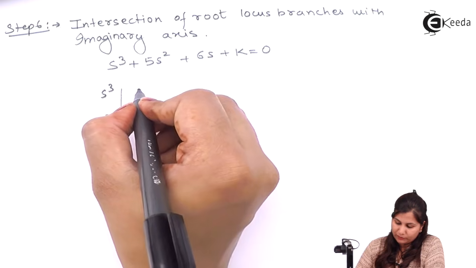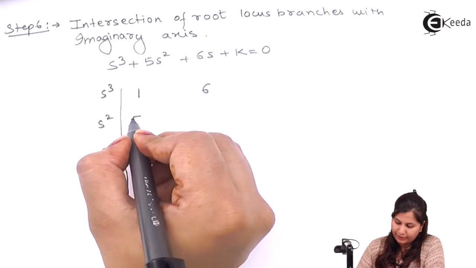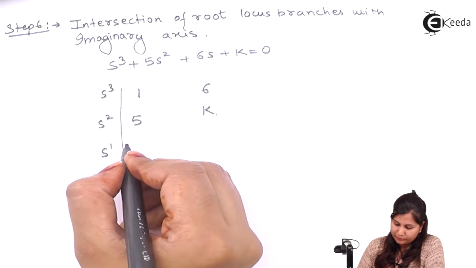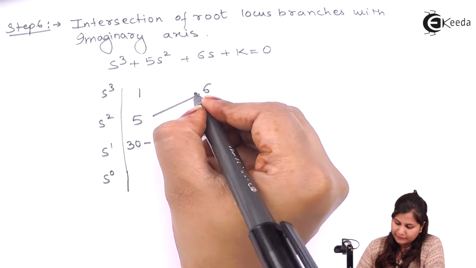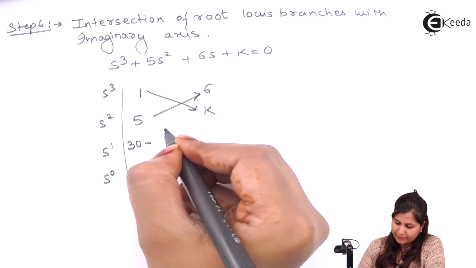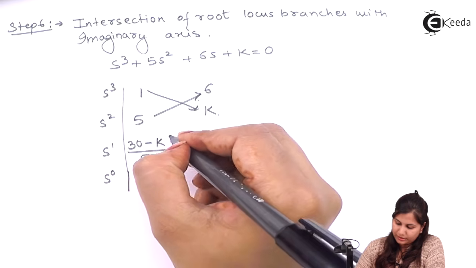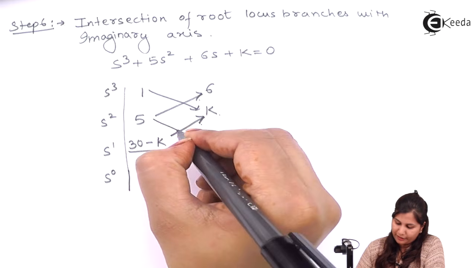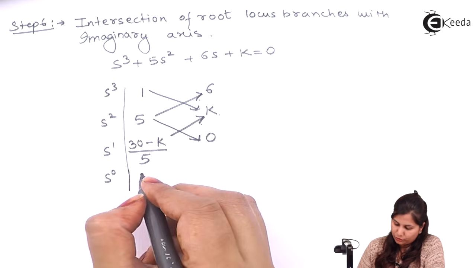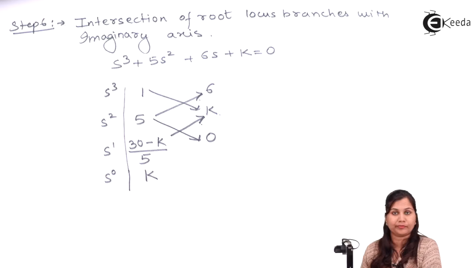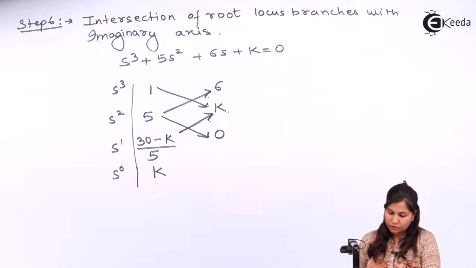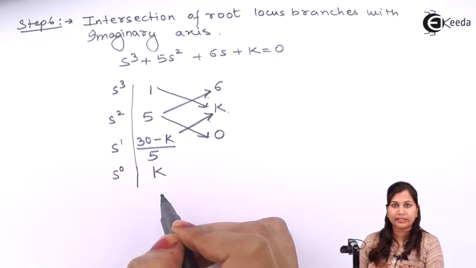Coefficient of s cube is 1, then 6, here 5 and k. So it will be (30 minus k) upon 5, then 0. Then 30 minus k into this, and 5 into 0 is 0. So here we will get k. So this is the Routh stability criteria.